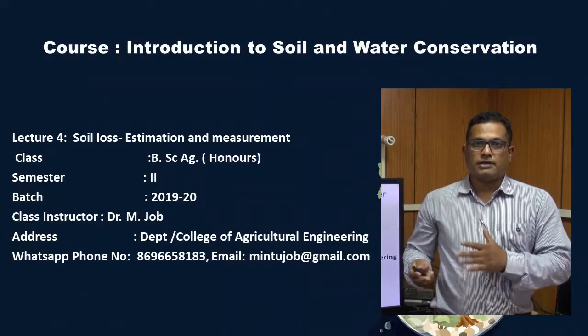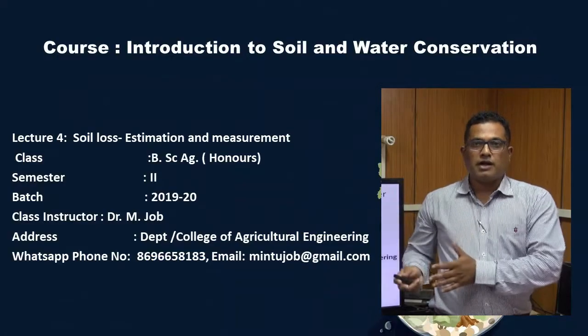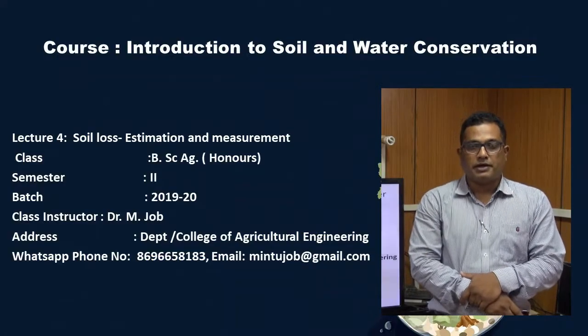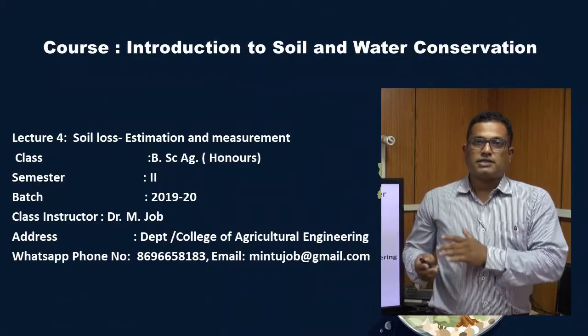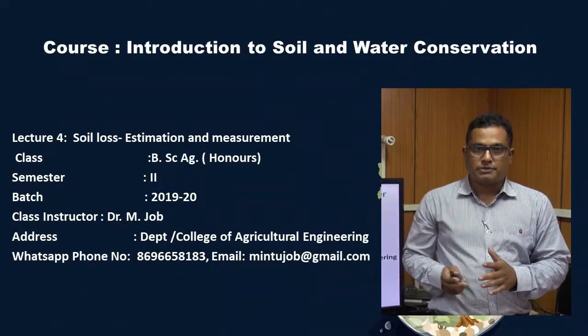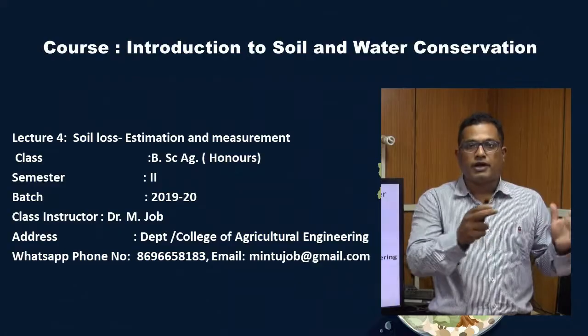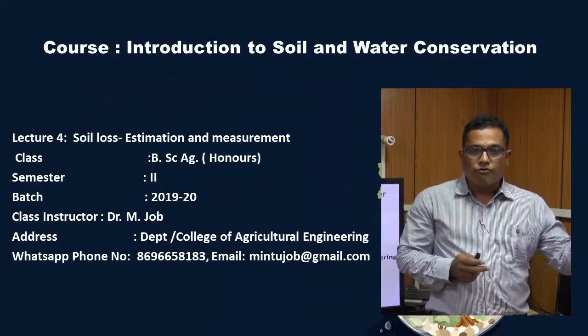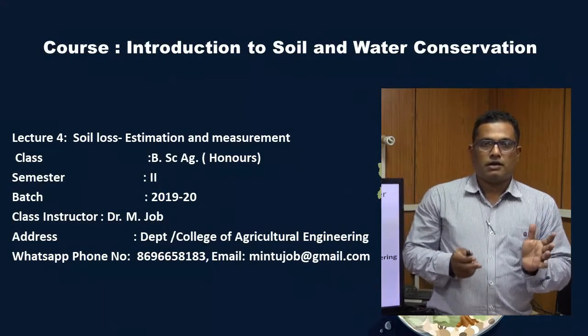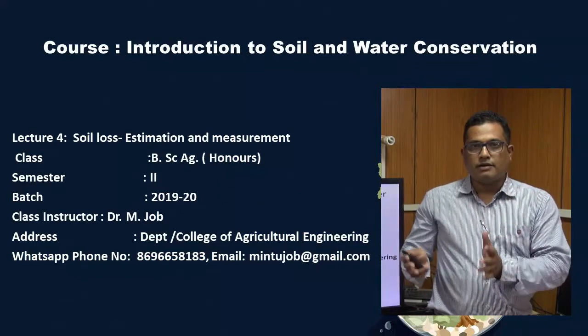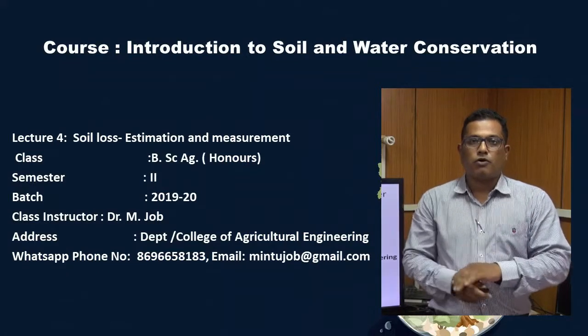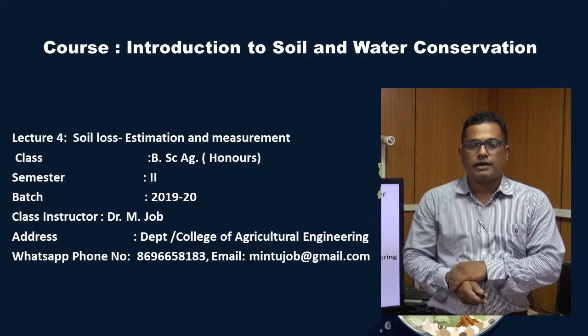As a result, there can be frequent flooding or inundation of the nearby areas. So to understand the soil loss from that particular catchment, a catchment is an area from where rainfall or runoff comes, converges and contributes to that pond or lake.